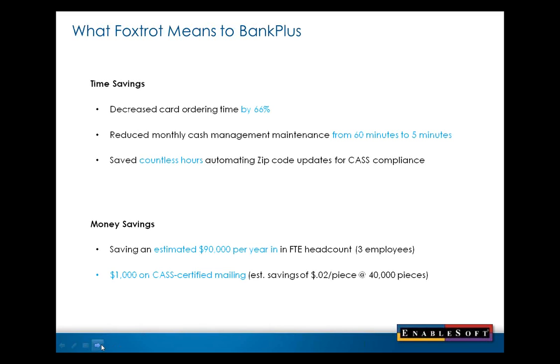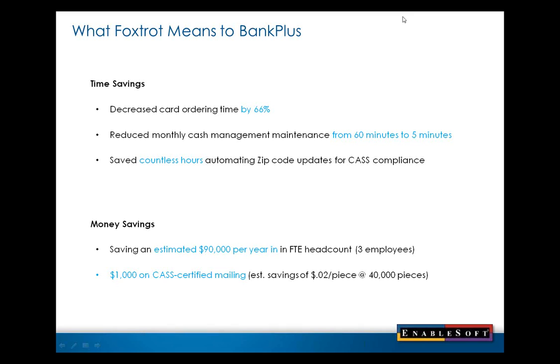And just in wrapping up, I want to go back over some of the time savings. As I mentioned, we're probably saving 66% or more by using Foxtrot to capture the information for our instant check card system.